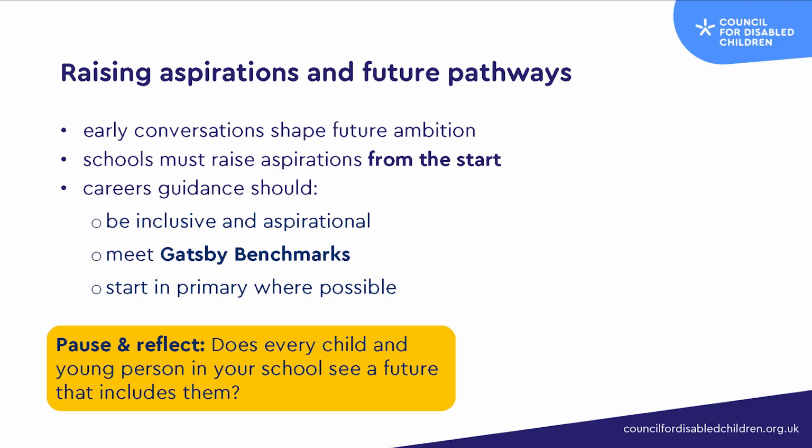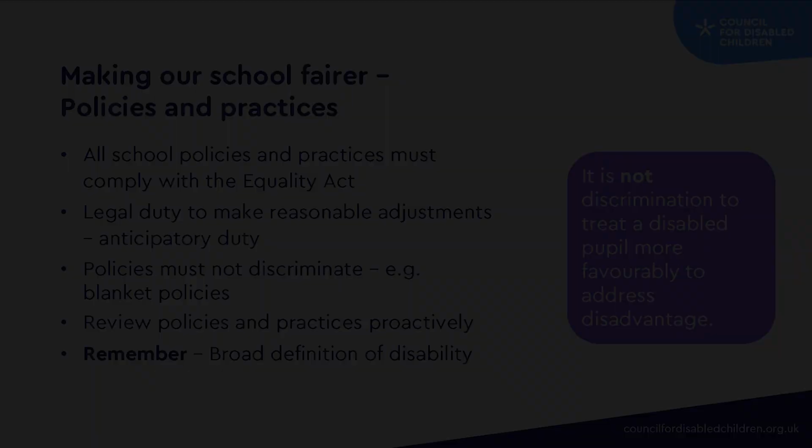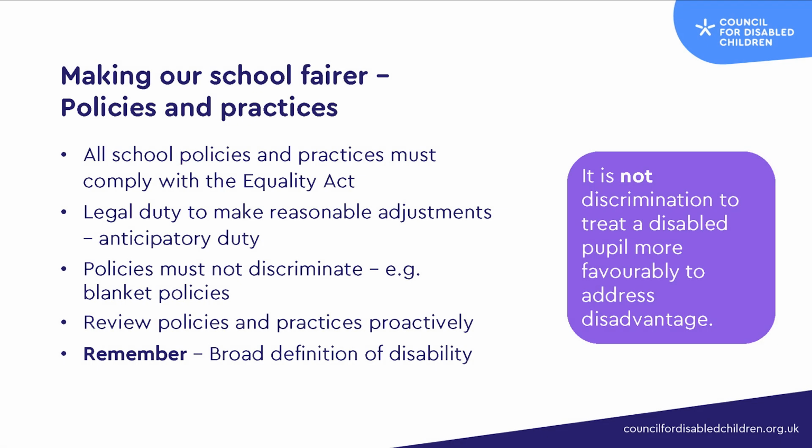Well, because those everyday messages shape confidence, ambition, and life chances long after school ends. Our values and ethos show what we stand for, but it's in our policies and practices that those values are really tested. This is where the Equality Act places a proactive duty on schools to plan ahead, make reasonable adjustments, and make sure that no pupil is disadvantaged by the way our rules and routines are set.